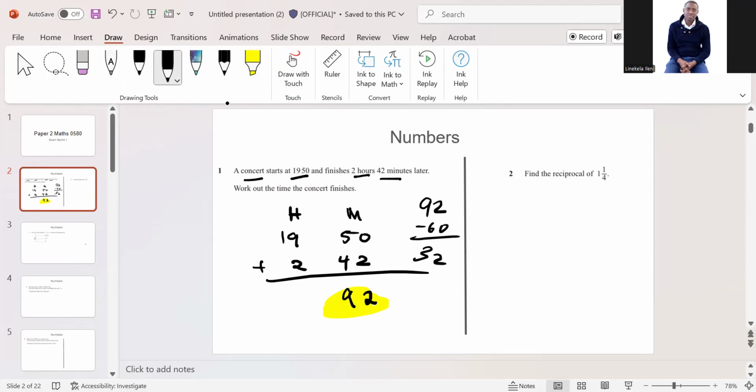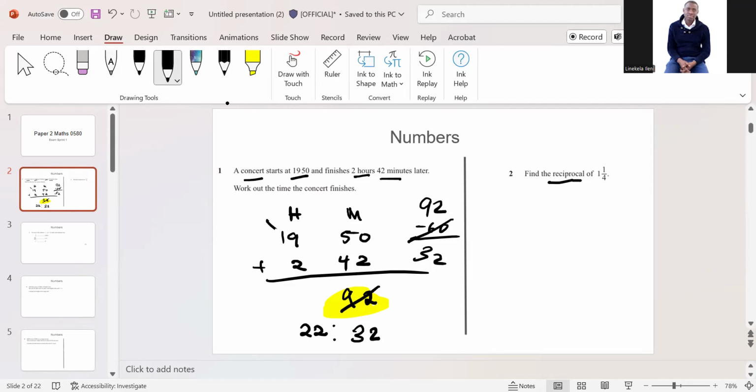So for my minutes, I'm just going to have 32. And then I can take the 60, transfer it to the hours. Then I'm going to have 20 here, since 1 plus 19 is 20, plus 2 is going to be 22. So that will therefore be 22 hours, 32 minutes. So it's very important for you guys, please, to know how to deal with your time.